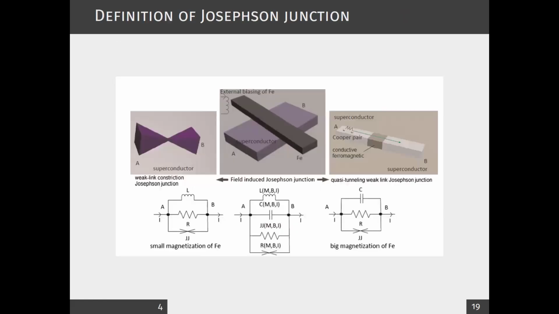There is also a class of systems that could be studied. This is a weak link on the left side and tunneling on the right side.